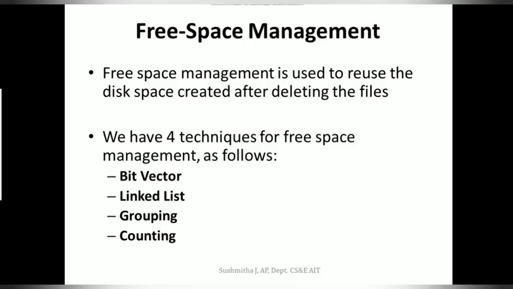And this space is then removed from the free space list because it is no more free, it is allocated to that new file. And again, when the file is deleted, its space is added to the free space list.